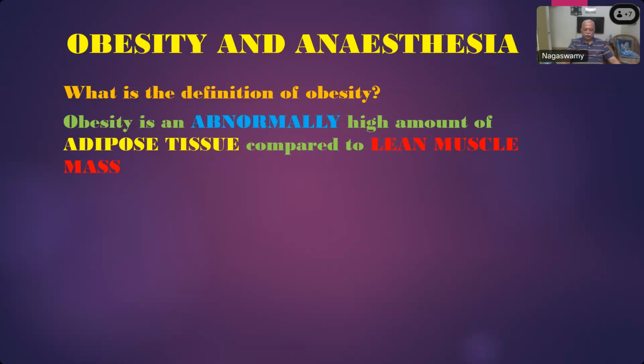So if the muscle mass becomes too low and fat becomes too high, what is that obesity called? Sarcopenic obesity. Very good. The muscle becomes too weak.